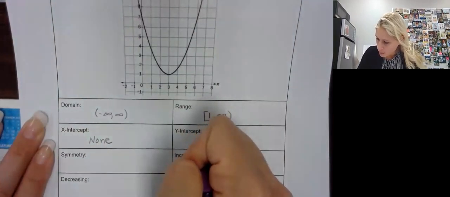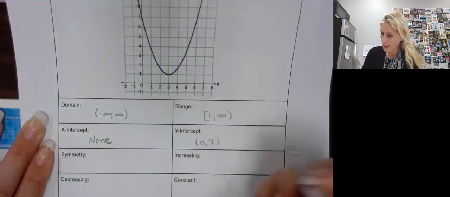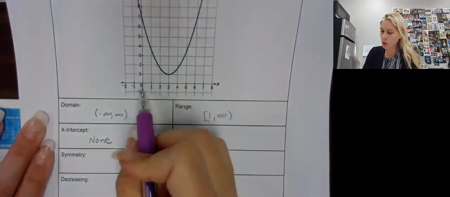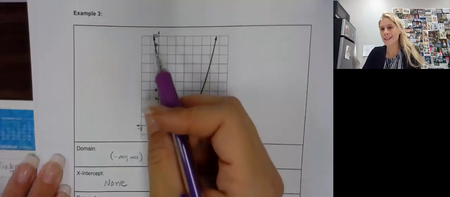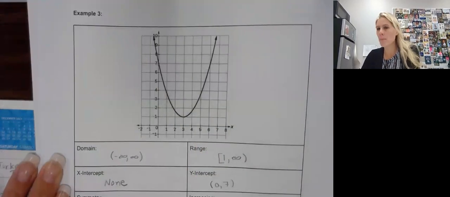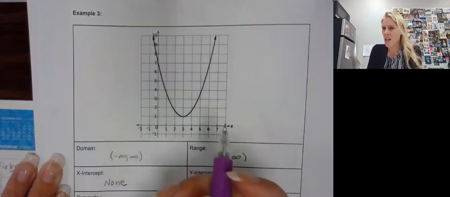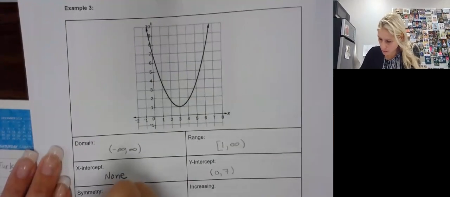So 0, 7. And symmetry, does it fold over the y-axis? No, it would fold over the 3, but that's not part of our definition, okay? And then would it rotate around the origin, which is right here? No, it would not. So this one's neither also.